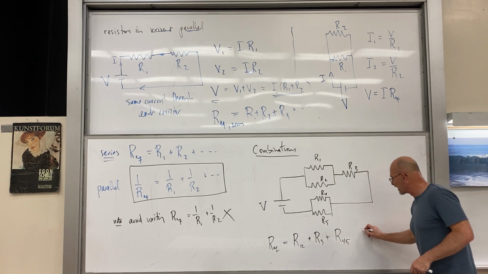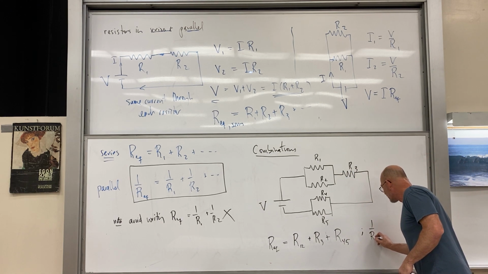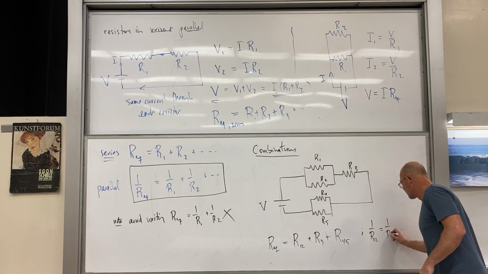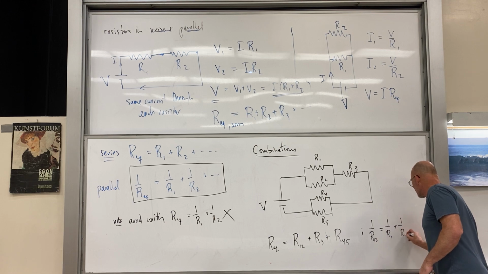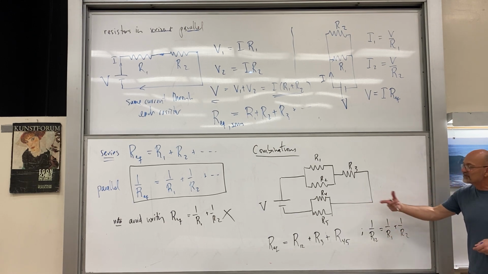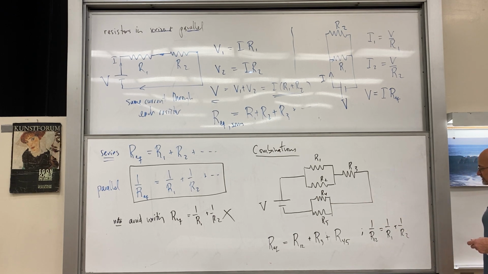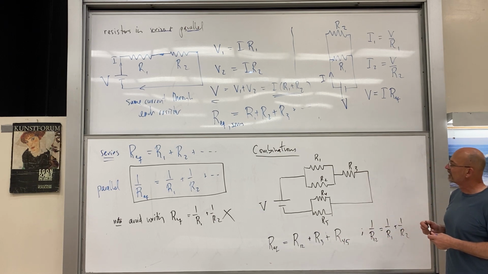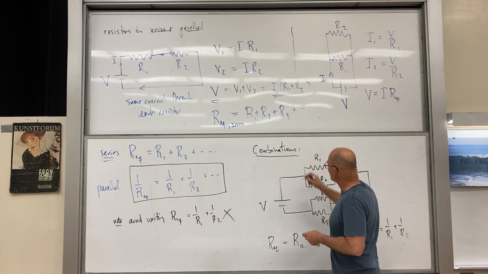And then I have to say 1 over R sub 1,2 is equal to 1 over R1 plus 1 over R2. And I have to calculate this, and then I have to invert it. Okay. And that gives me that number, R sub 1,2, and I do the same thing for R sub 4,5. So you have combinations possible as well.